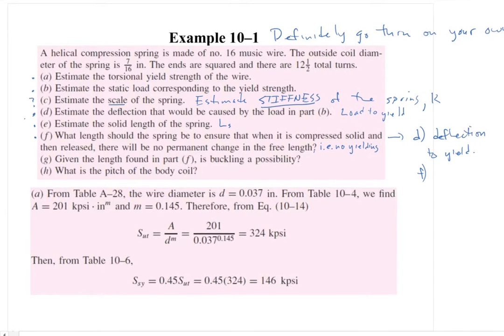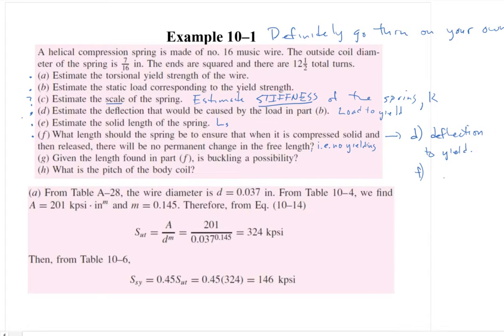So if we already know the deflection to yield this thing, then L naught minus LS needs to be less than whatever the deflection is to yield, the answer to part D. The total possible spring deflection is L naught minus LS, the free length minus the solid length. As long as you keep that less than the deflection required to yield it, then you've solved for part F.